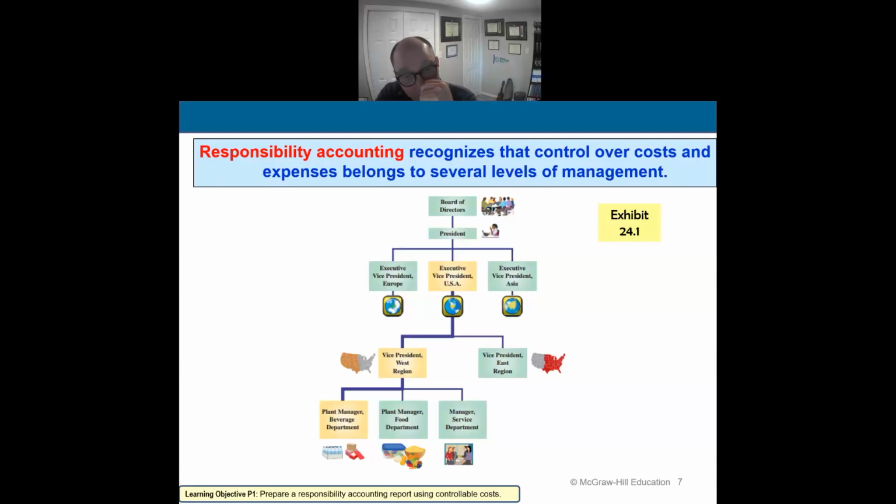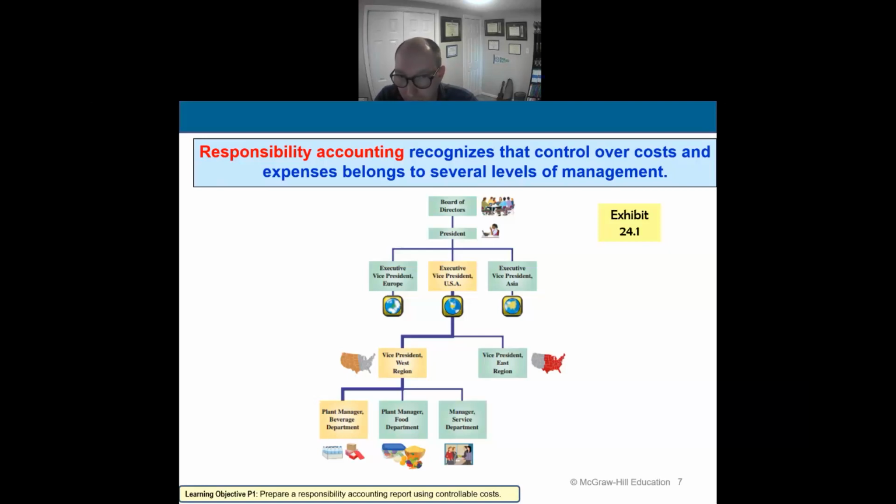Responsibility accounting ultimately starts with the bottom. It starts with the department managers, and it goes all the way up to the global level. It reports all the way up to the board of directors.